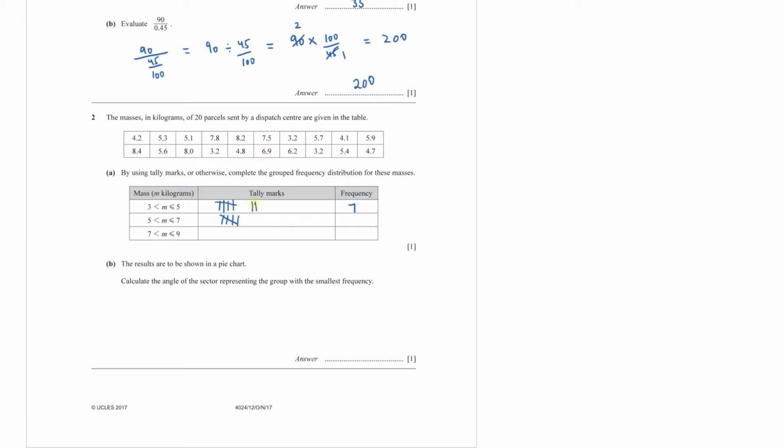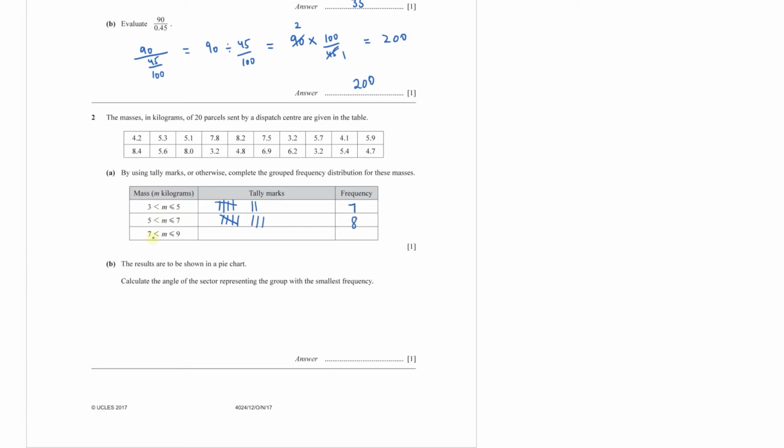This would be the next one, 6.9. This 6.2 as well. And then this 5.4 here. So how many? 1, 2, 3, 4, 5, 6, 7, 8.